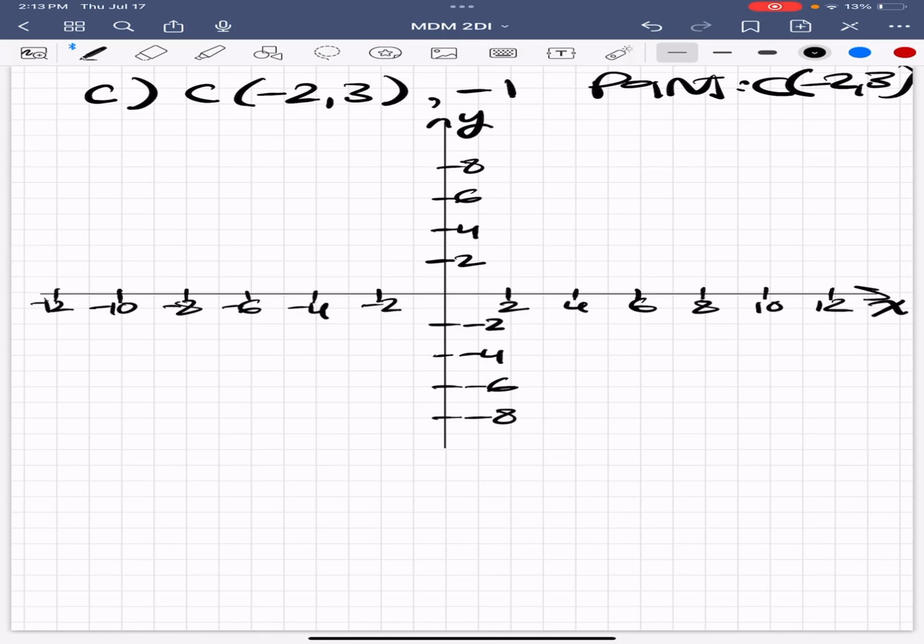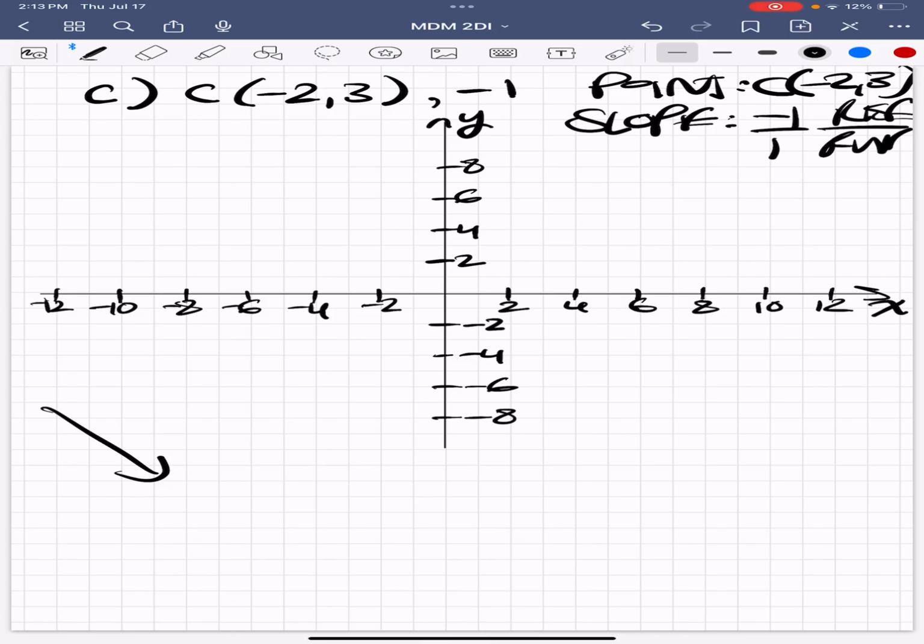So now we have the point given, which is C, negative 2, comma 3. We have the slope given, which is negative 1 over 1, or rise over run. And because the slope is negative, the line's going to go down this way for negative slope lines. So we have negative 2, comma 3.